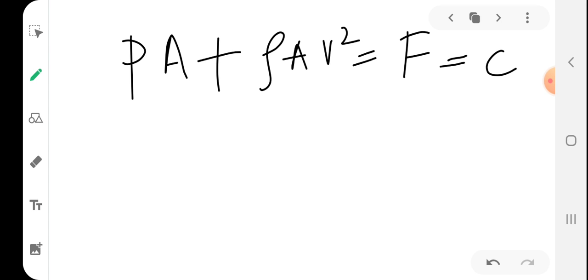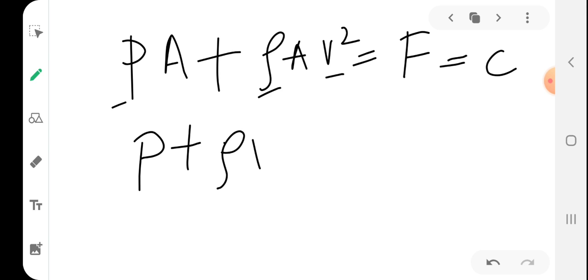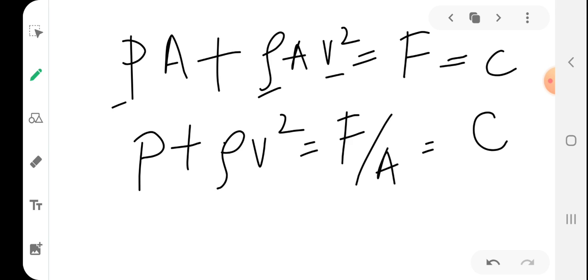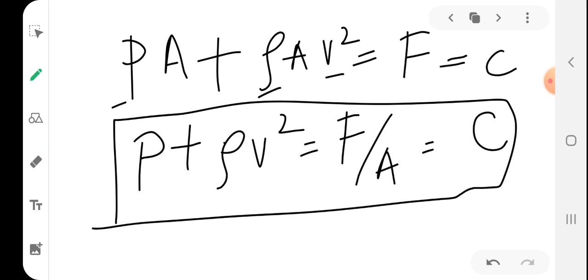Since A is constant, we can write it as P plus rho V square equal to F by A, a constant again, where P is pressure, rho is density, V is velocity. So P plus rho V square is equal to a constant. That's the equation for momentum, okay?